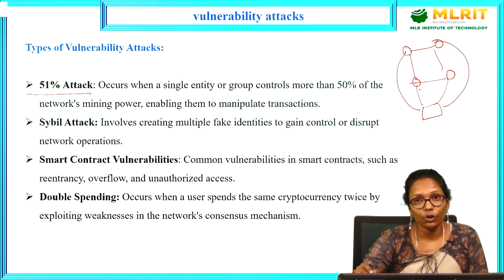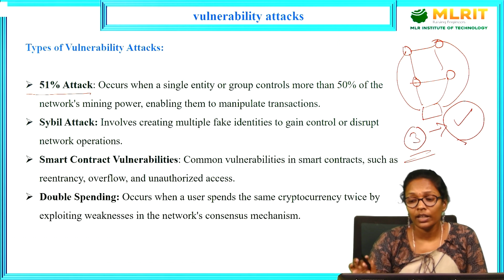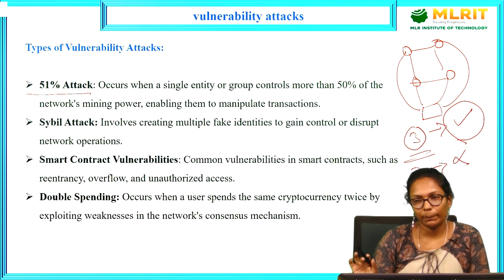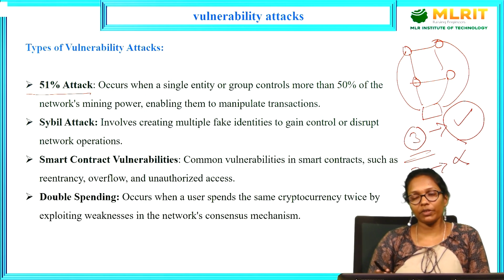For example, out of 4 members, if 3 say the transaction is valid, then it will be considered a valid transaction. If 3 say the transaction is not valid, then it is not considered valid. This is the process in the consensus mechanism. Of course, different consensus mechanisms have different processes, but the majority vote is considered for validation of the transaction.